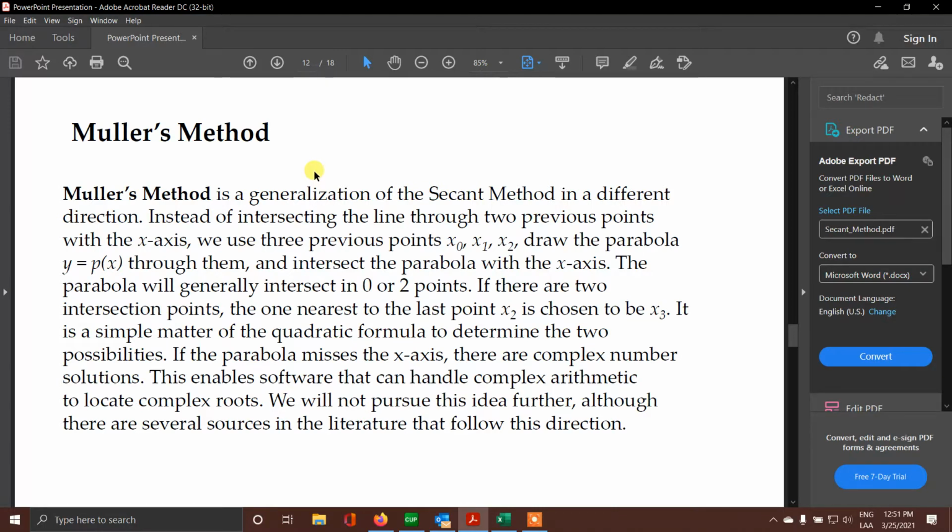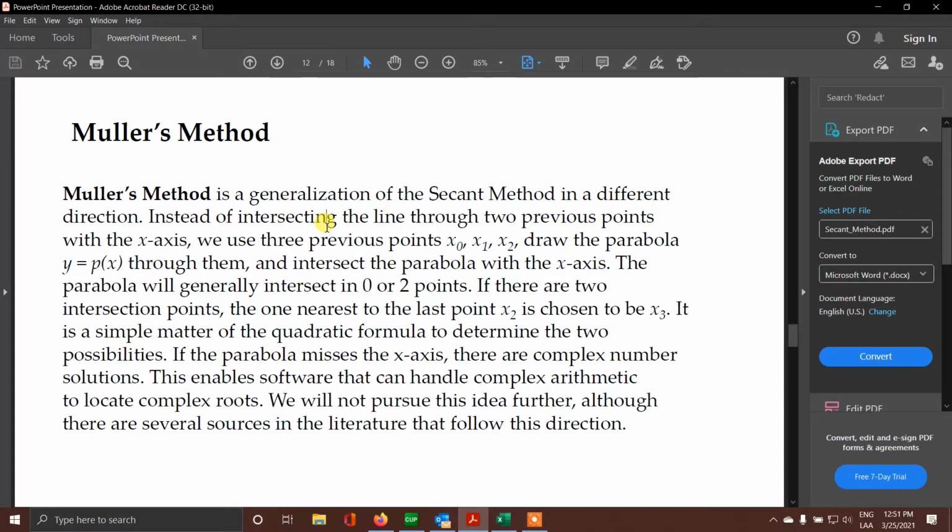However, if we have the first condition, when you intersect the parabola with 0 or 1 points, that's going to be a problem, because if you do this, you are going to obtain complex numbers in the solution.